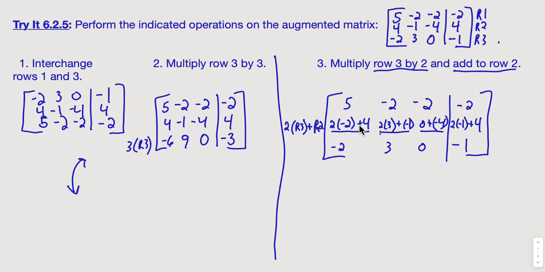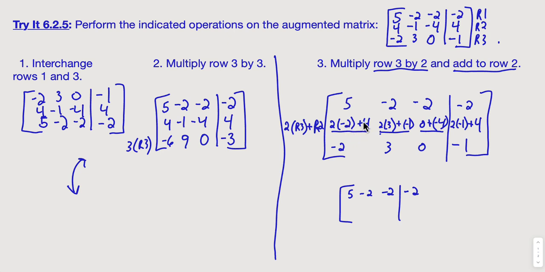And now we just simplify what we did in that second row. Our first and third rows still remain the same. 5, negative 2, negative 2, negative 2. Now 2 times negative 2 is negative 4.